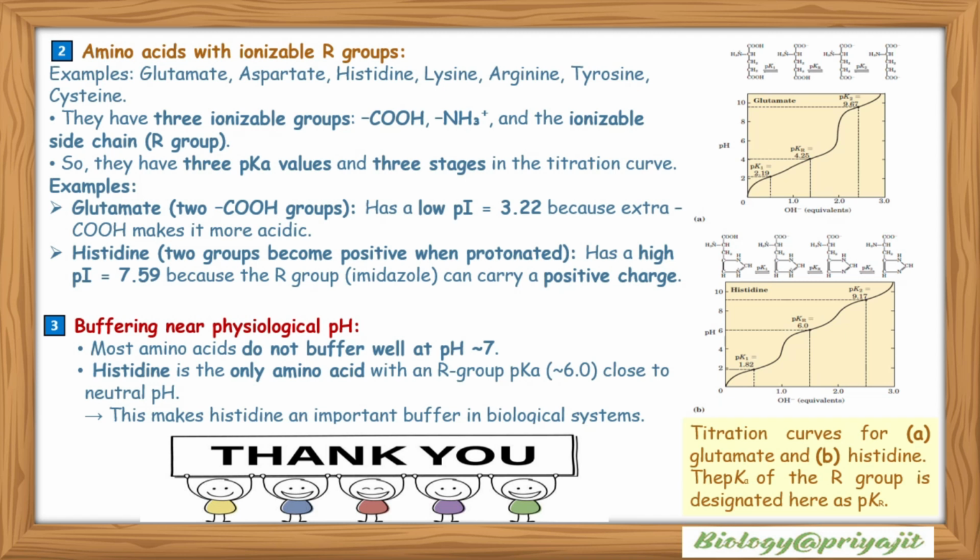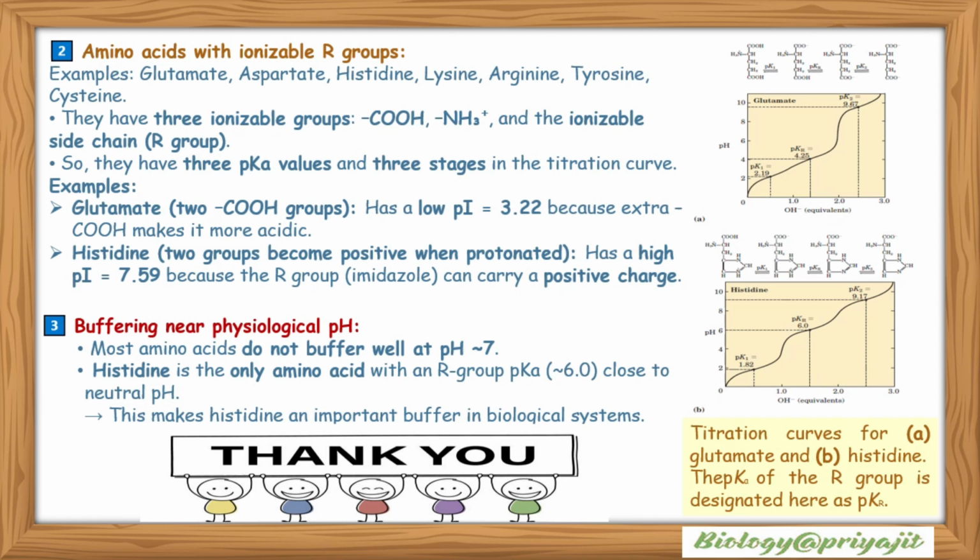Examples: glutamate, which has two COOH groups, has a low pI, 3.22, because the extra COOH makes it more acidic. Histidine, with two groups that become positive when protonated, has a high pI, 7.59, because the R group or imidazole can carry a positive charge.